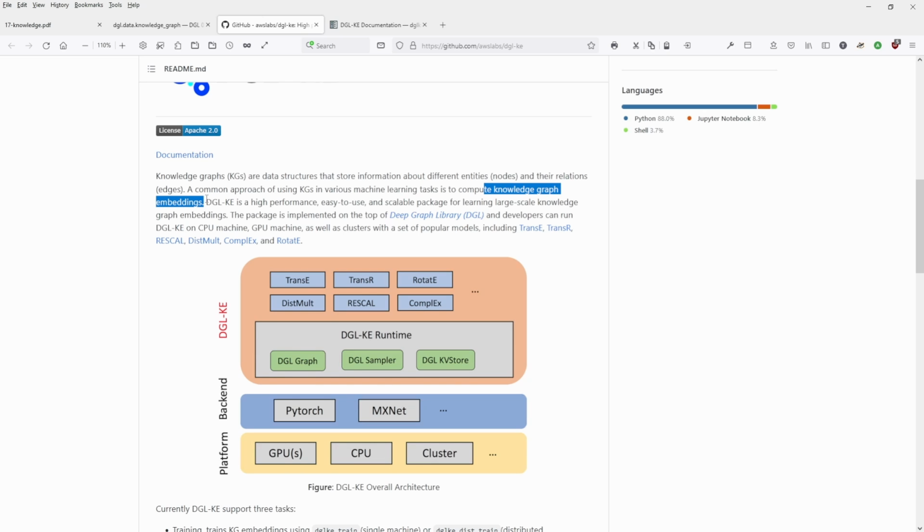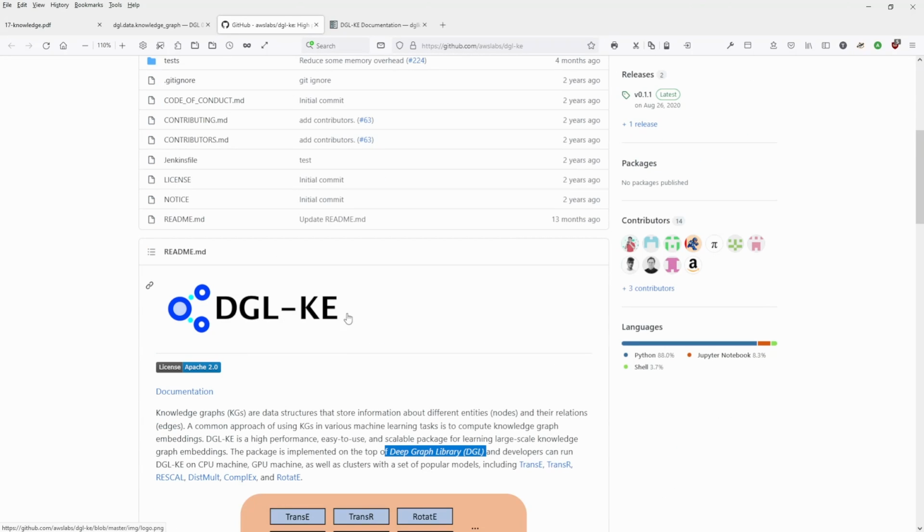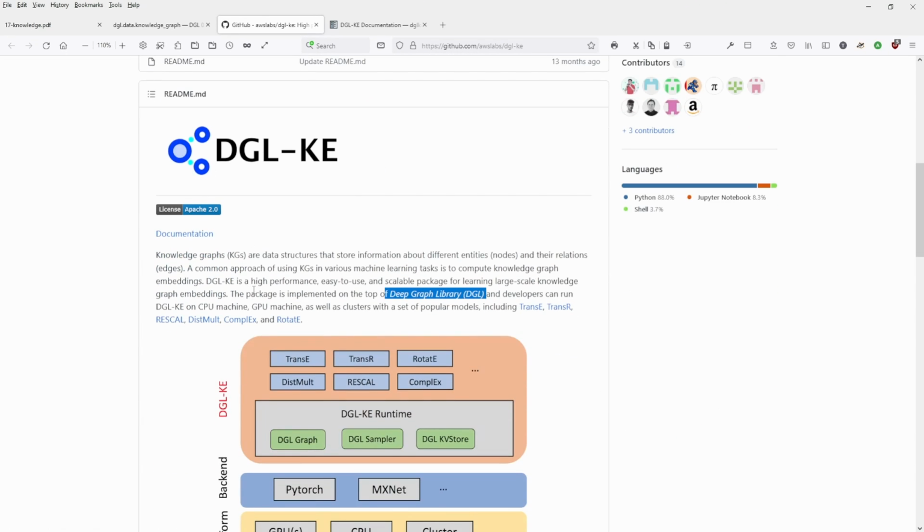Now, if we have a multitude of relations going on between a multitude of nodes, and the information in the nodes itself can be quite complex, this here is the generalization of the simpler cases. Of course, this package is built on top of the Deep Graph Library I have showed you in our last video on knowledge graphs, and this is the special module KE for knowledge graph embeddings.